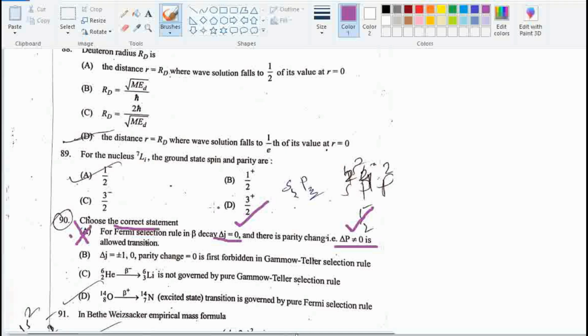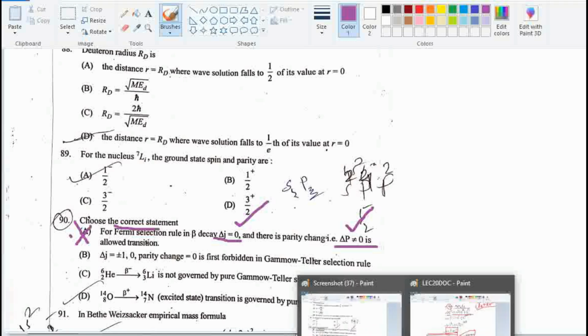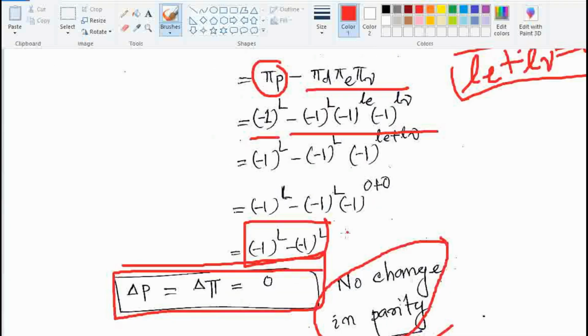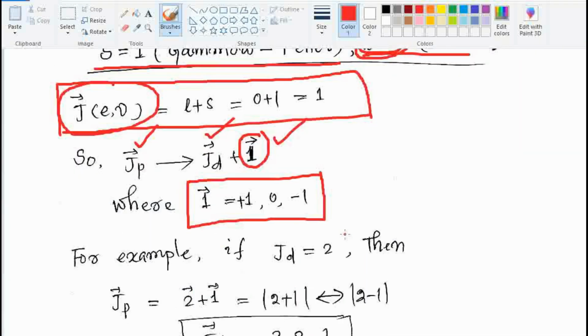In option B, it is given that del J equal to plus minus 1, 0, parity change equal to 0 is a fast forbidden gamma modular selection rule. Now you see, for gamma modular, what is the del J value? For gamma modular, the change in del J is equal to positive 1, 0 or negative 1.